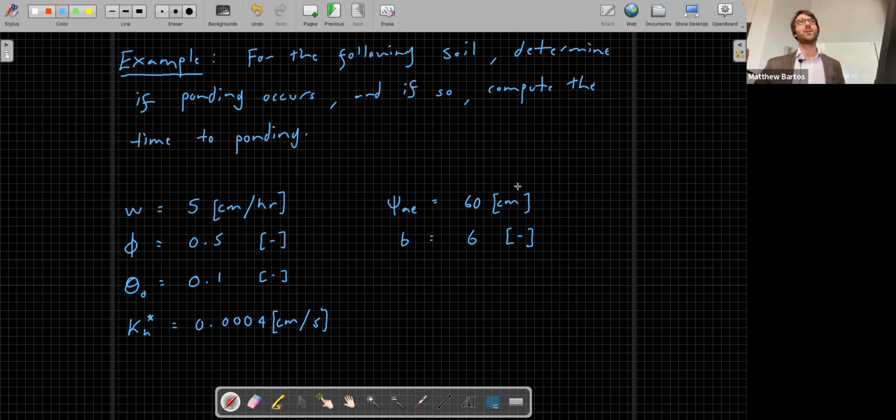So close, it has to do with the saturated hydraulic conductivity. So what needs to be greater than the saturated hydraulic conductivity for ponding to possibly occur? The rainfall rate. Yeah, it's the rainfall rate. So we have to determine whether the rainfall rate is greater than or less than the saturated hydraulic conductivity.